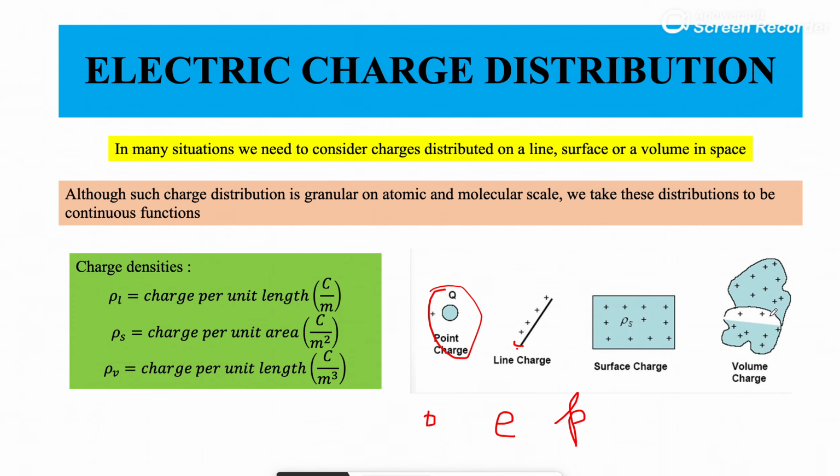These are called charge distributions, and these distributions come up often in practice. So we would better be able to describe this distribution, and we have line charge, in which the density of charges would be varying across its position.